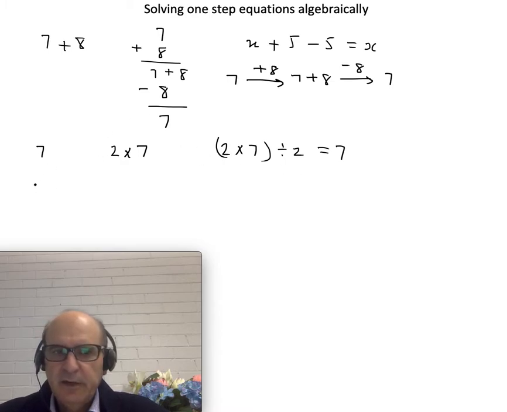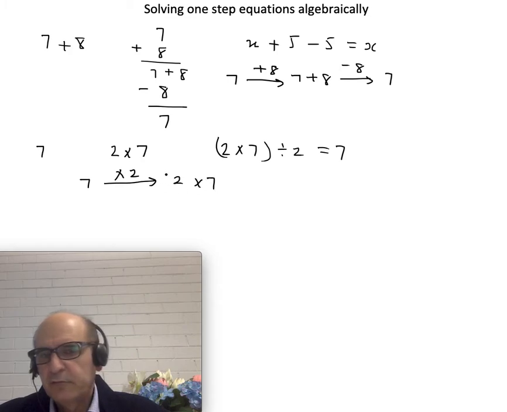Similarly here, I had 7 here. I multiplied it by 2. I got 2 times 7. So we don't have to worry about working this out. If you want, you can work it out too. But you would see that we get the same. Then, if I divide again by 2, I will end up with 7.